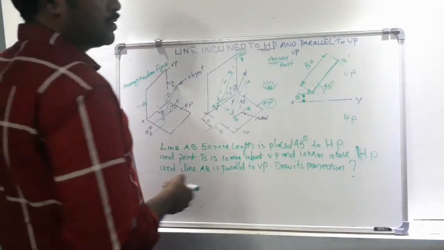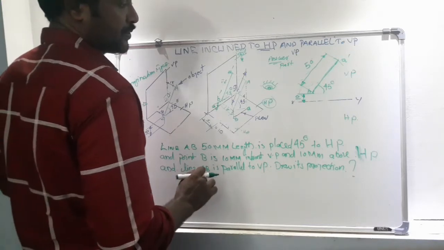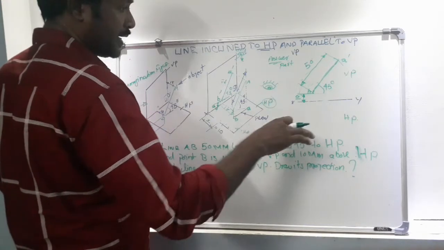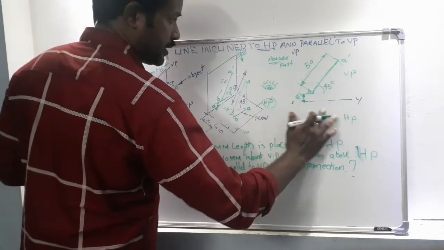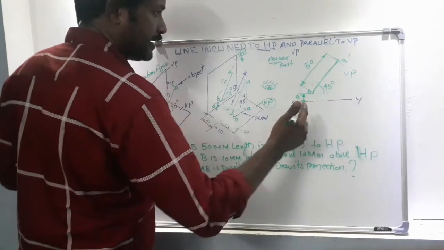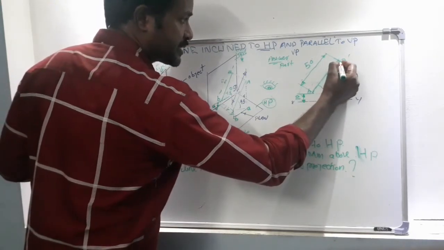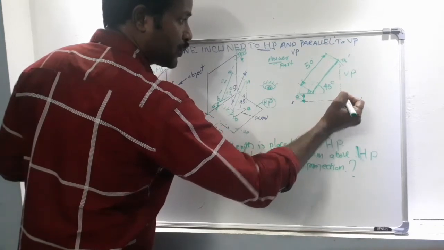Now the next step is to draw its plan. For projecting its plan on HP, there are definite steps. First we have to project the point A in the downward direction.